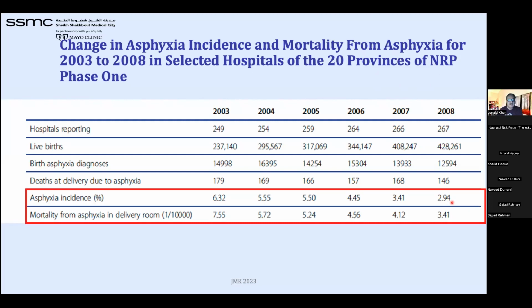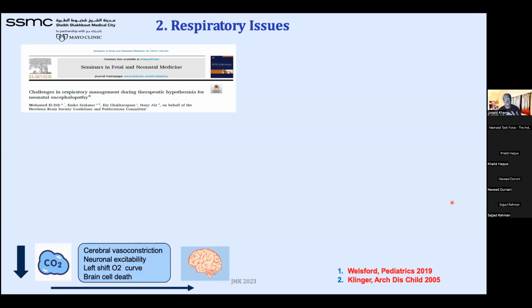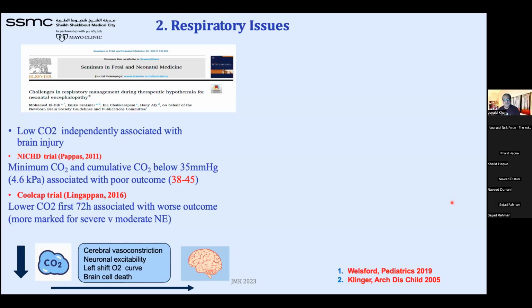Second, the respiration. Let's say you receive a baby from outside. Then the resuscitation part is over, so you cannot have control. But the second issue in respiration is carbon dioxide. We have to maintain around 38 to 45, not less and not more than 45, because low carbon dioxide causes vasoconstriction and neuronal excitability, and you all know about that brain injury.